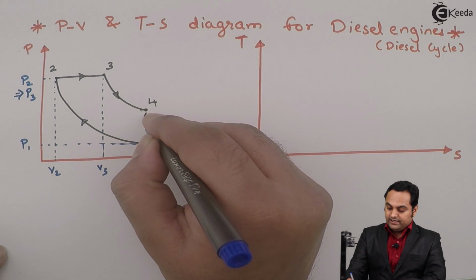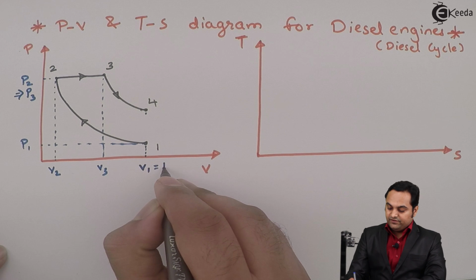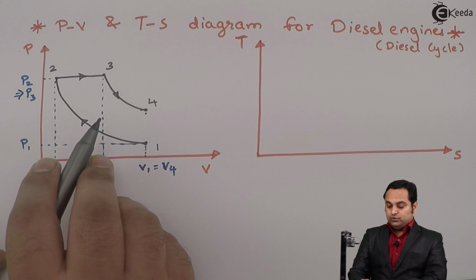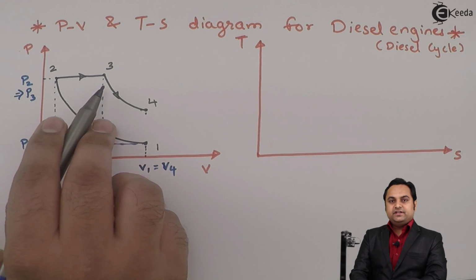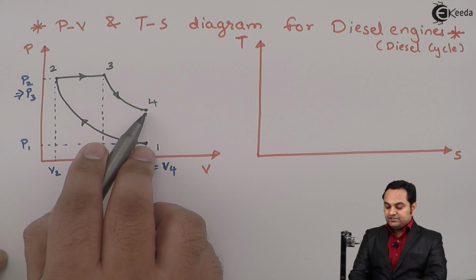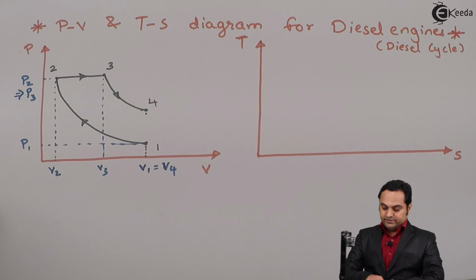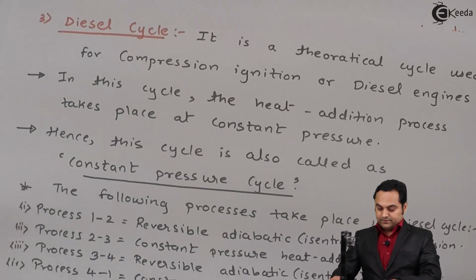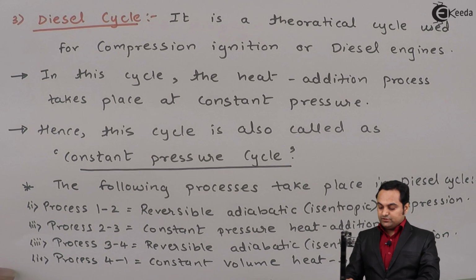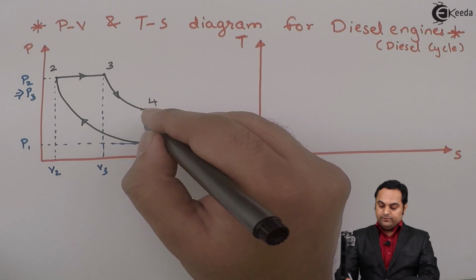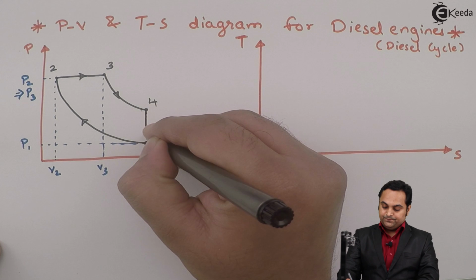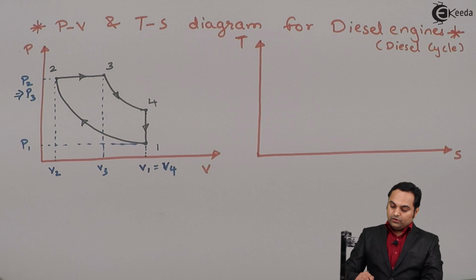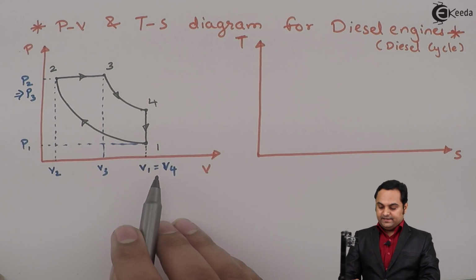Now the volume at point number 4, that is V1 equal to V4, it is greater. So from 3 to 4 expansion has taken place, that is volume has increased but pressure has dropped. Next, process 4 to 1 is constant volume heat rejection. So heat will be rejected keeping the volume constant, and pressure will drop along this process. So here is the diesel cycle on PV diagram.